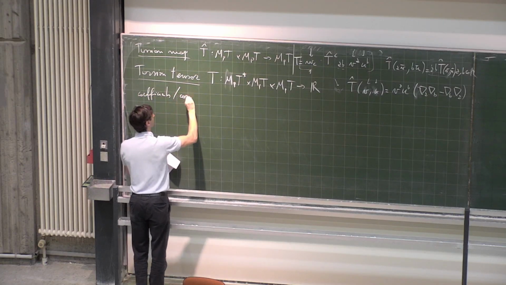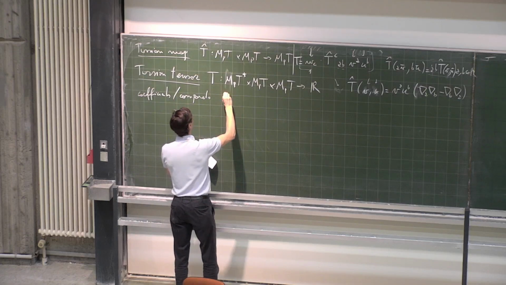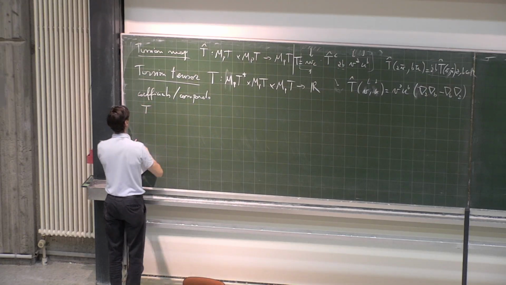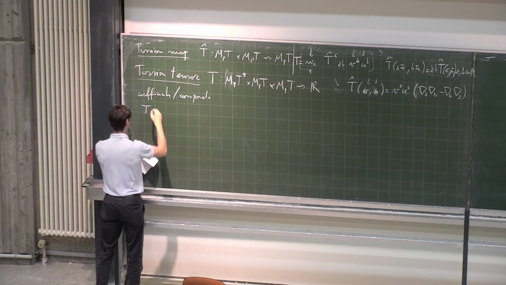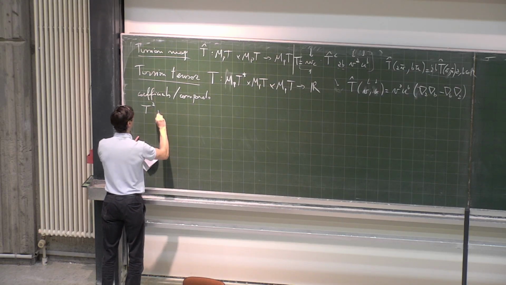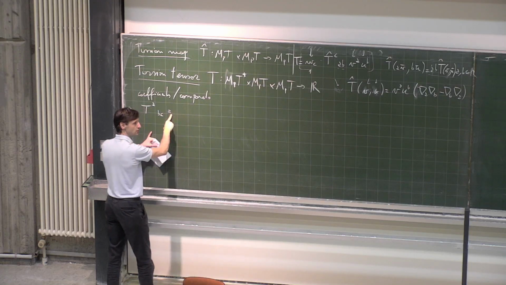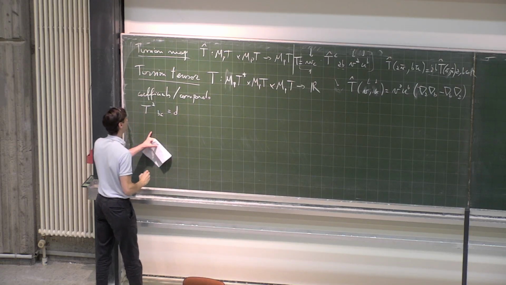So the components, right? Which are obtained from the torsion. Let's use the same, doesn't matter. A, B, and C are going to be what? The basis of the one form.